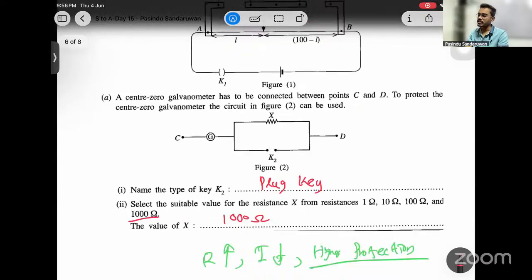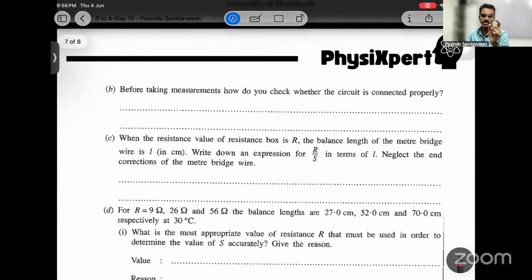So first you keep the slider key at A and B respectively and check whether the center zero galvanometer deflects from one side to the other. If it deflects, your connections are correct and you can have a balance point. If not, there can be improper connections, and then you don't get a balance point.